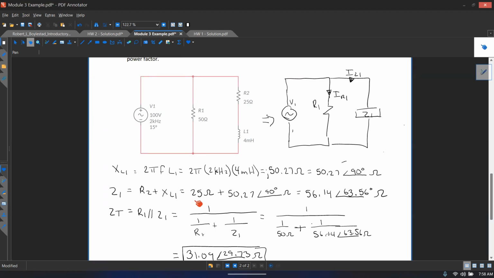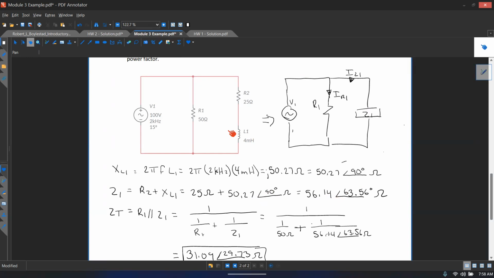And so you get 25 ohms, which comes right here, plus 50.27 with an angle of 90 degrees, which comes from your inductive reactance. And once you calculate that out, you get 56.14 with an angle of 63.56 degrees.